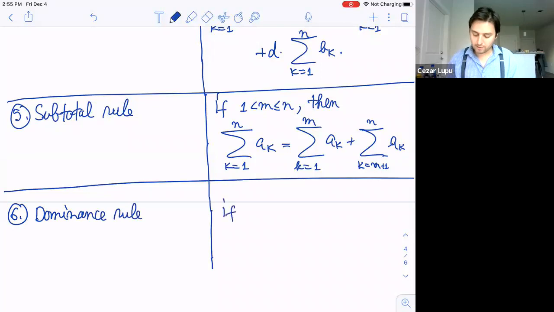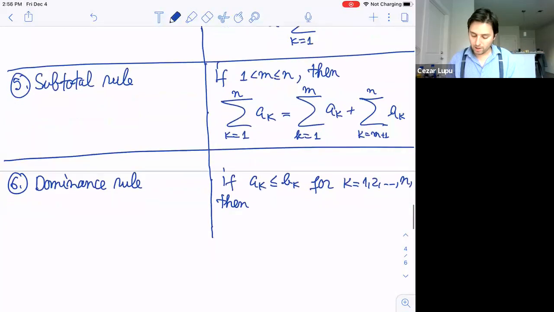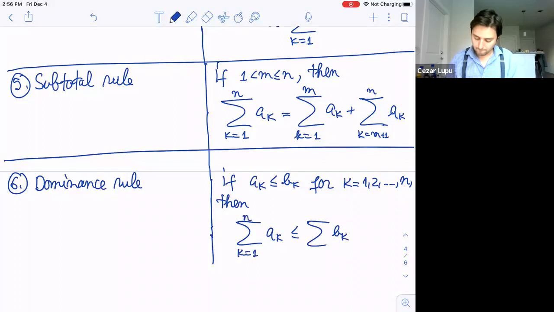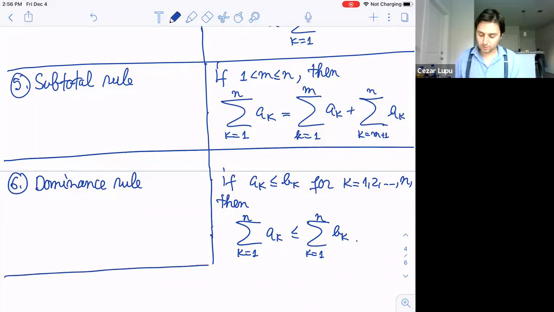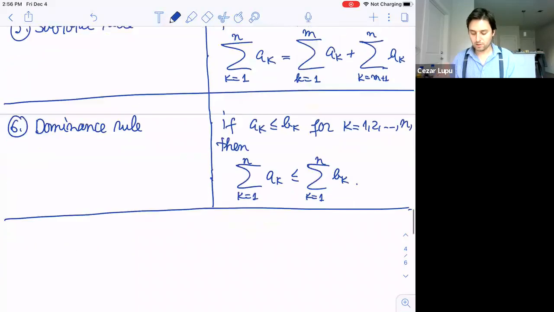So if we have ak less than or equal to bk, so we say that bk dominates ak for k equals 1, 2, and so on to n, then definitely we have that the sum of ak is less than or equal to the sum of bk. Right? All right, so these are the rules that you need to know.